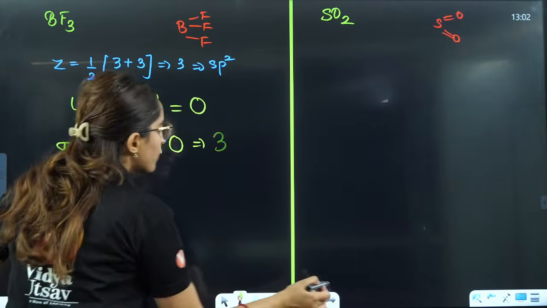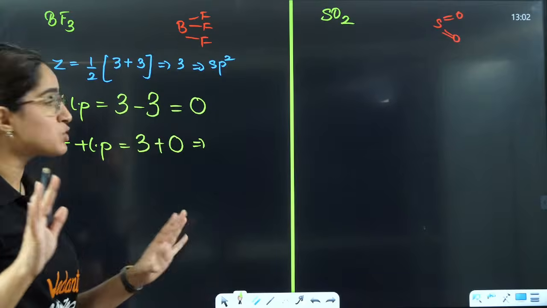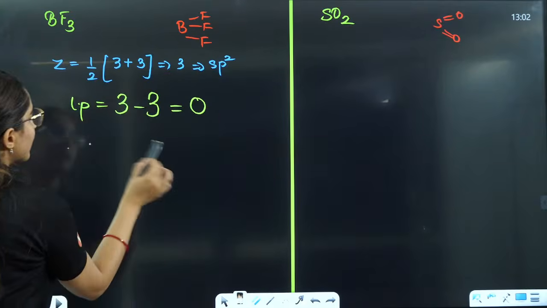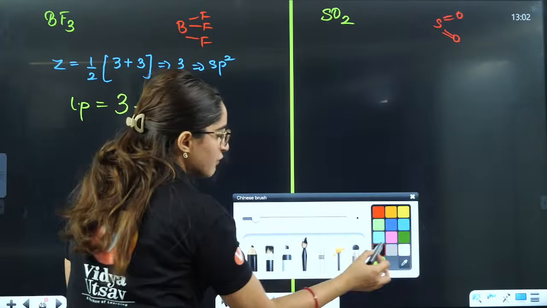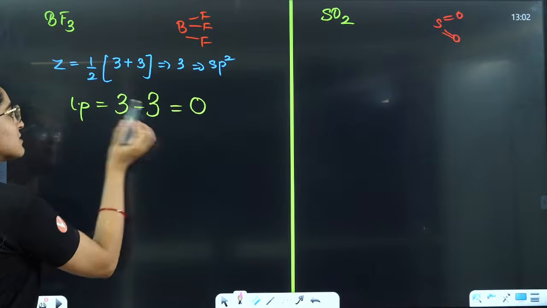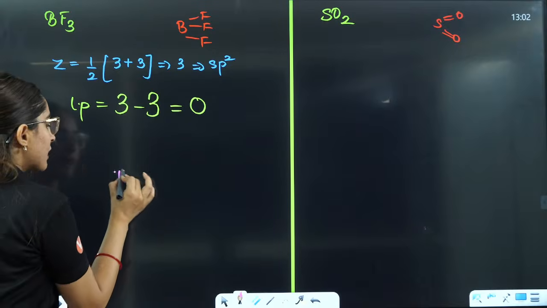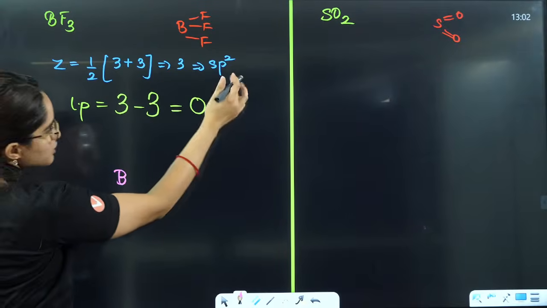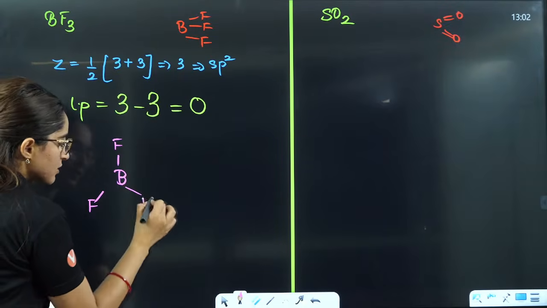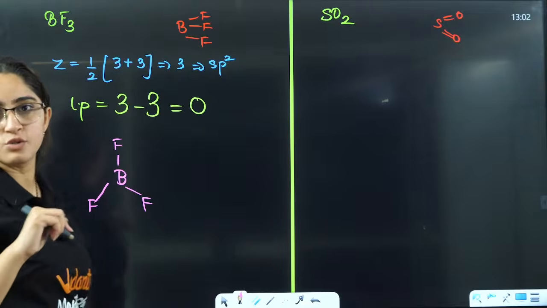Okay? So that's what I wanted to tell you. You just need to see the lone pair here, right? This is just in the end for our reference, that okay, we have calculated Z correctly. Now it is 0 lone pair. That means this sp2 means trigonal planar. All of them are sigma bonds only. So this is going to be the structure.